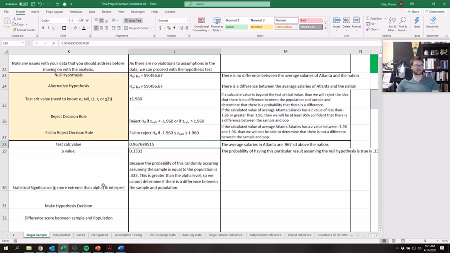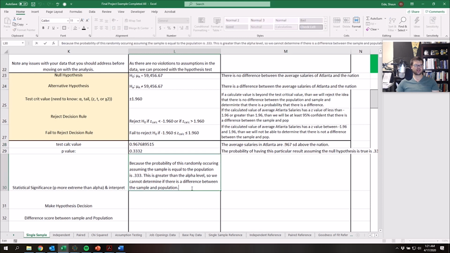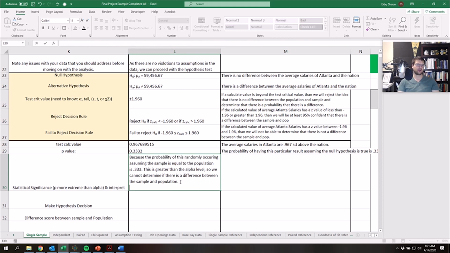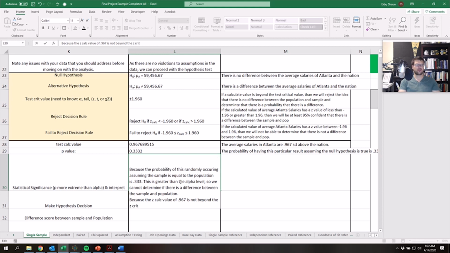So you could say it like this, or you could say because the z-calc value of 0.967 is not beyond the z critical values, it is not statistically significant.